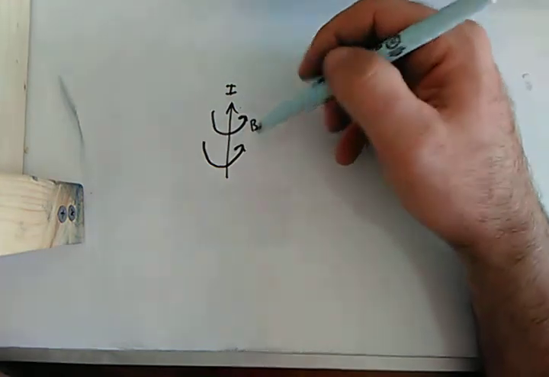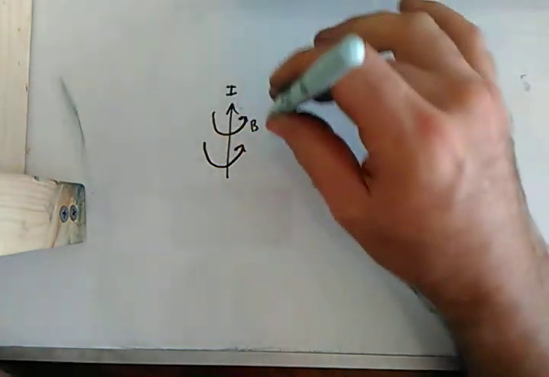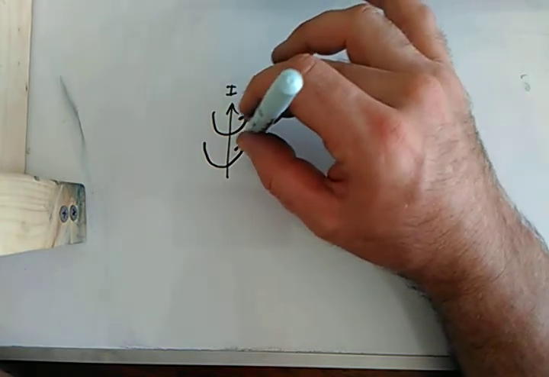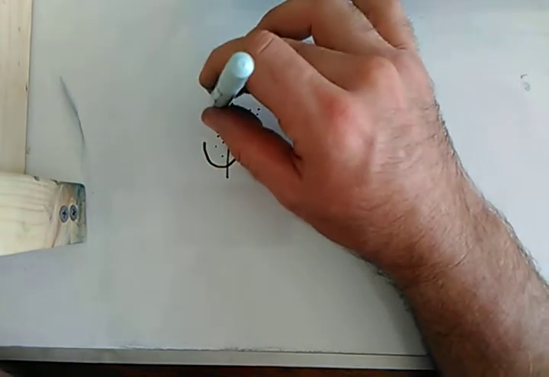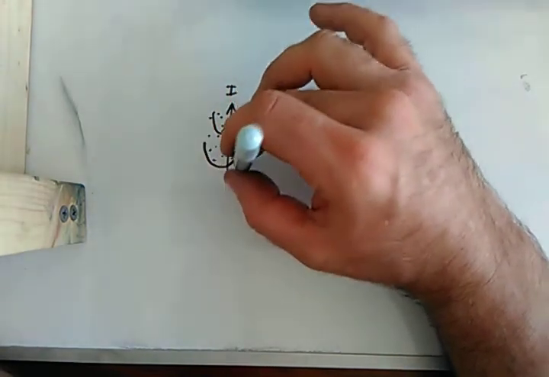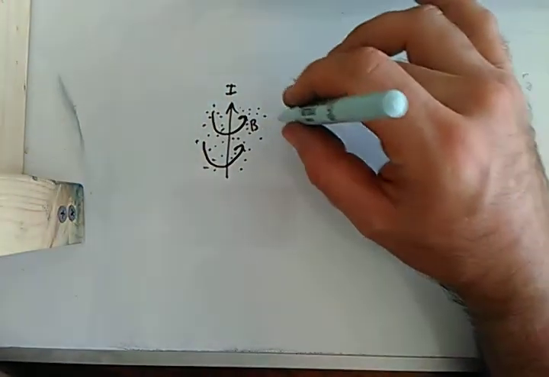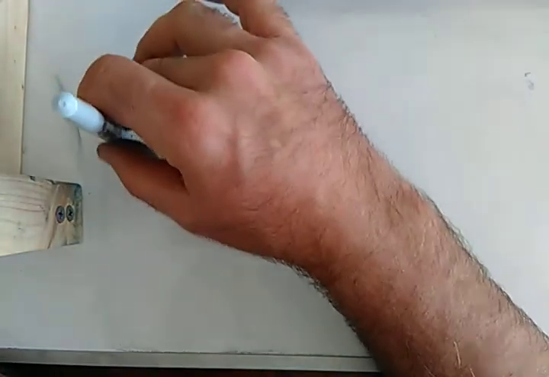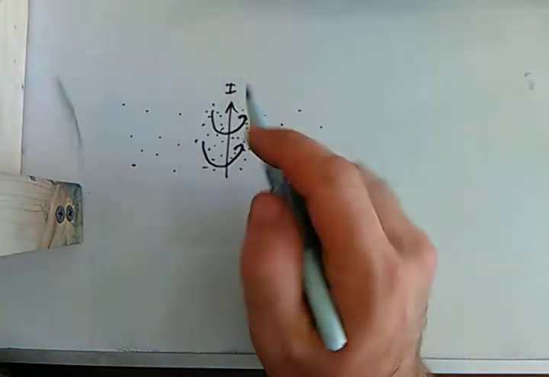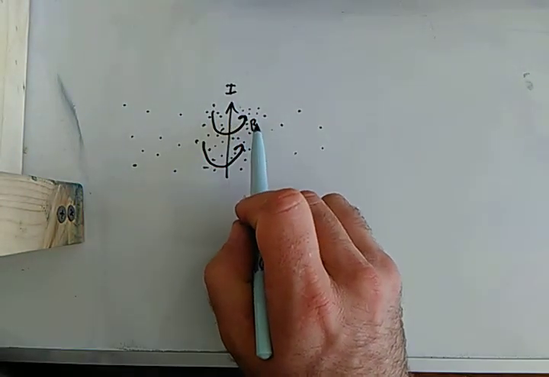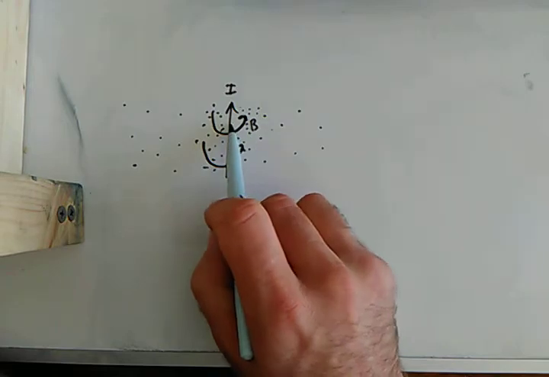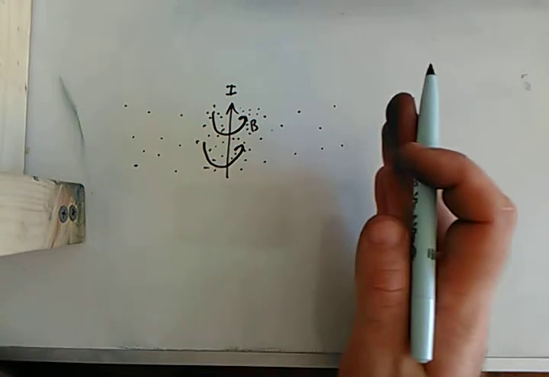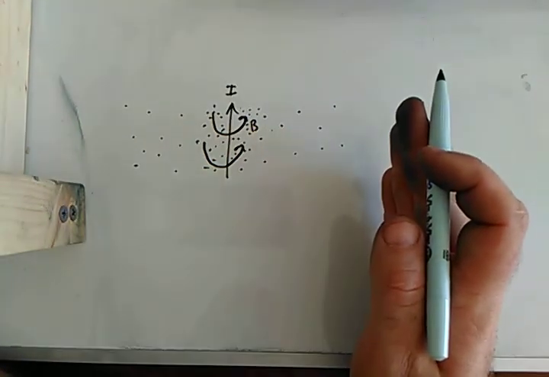It's hard to describe in terms of the density of the field, but if I were to make a whole bunch of dots showing how dense the field is, the field would be the most dense as we get closer to the wire. So the magnetic field increases as we get closer to the wire, and decreases as we expand out from the wire.